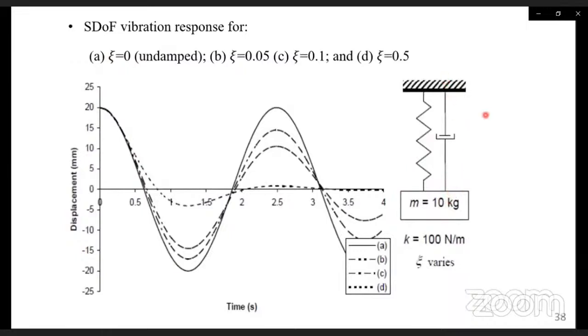After some time, this motion moves to and fro, to and fro, and then comes to a standstill. And the displacement, which is the amplitude, will be based on how much the damping ratio is. Okay, good.